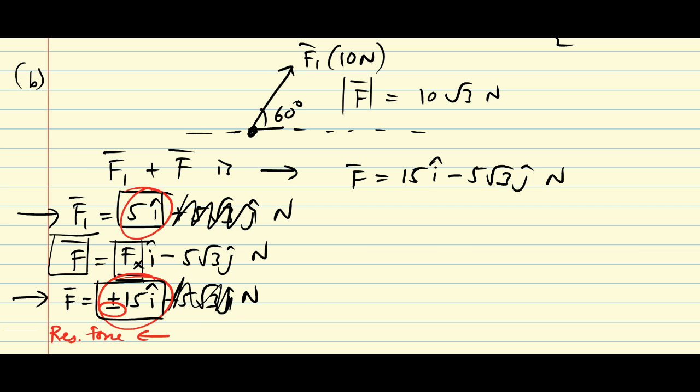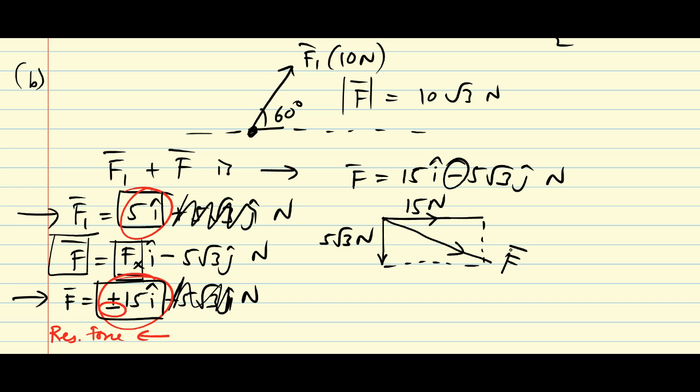And once we have defined the force as a vector, once we have the components, we can easily find the direction of F bar by the standard procedure. So I first write the x component, that is 15 i cap, so that's 15 newtons, and the second component is in the downward direction because of this minus sign, it's 5 root 3 newtons. And if I complete this particular parallelogram, then this diagonal is going to be F bar.